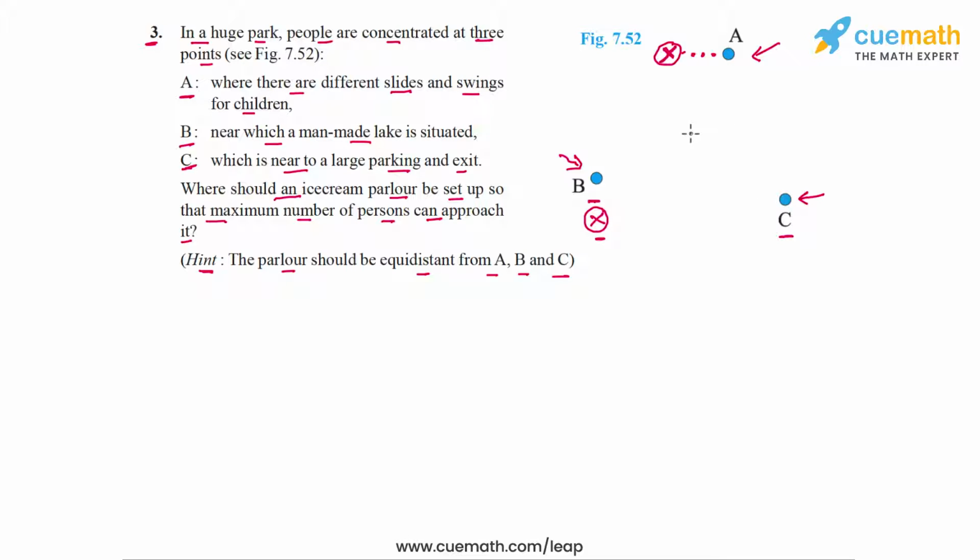But what if you found a point somewhere here, let's say, that is at the same distance from A, B and C? Then all the people will find it quite easy to walk up to this parlor. So basically the problem reduces to finding a point that is equidistant, or at the same distance, from A, B and C. So let's do that now.